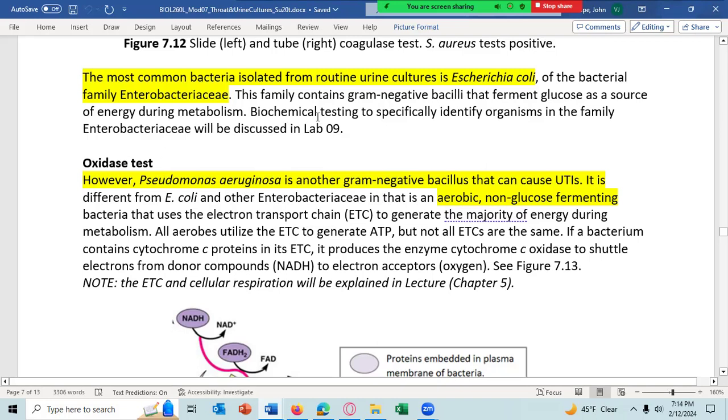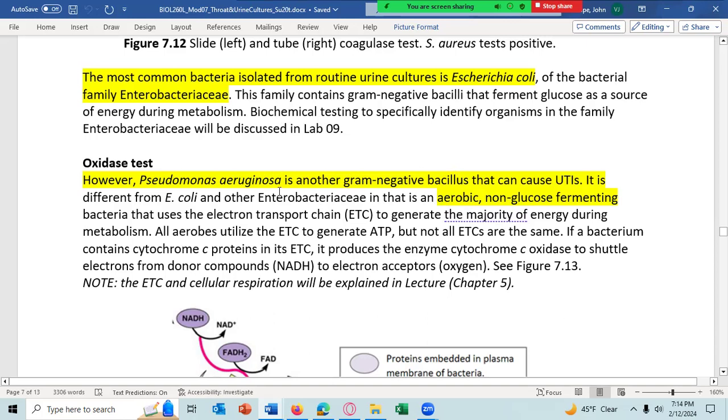They will perform aerobic respiration if oxygen is present, but if oxygen is not present, they perform anaerobic respiration or fermentation. The Pseudomonaceae do not ferment the sugar glucose. The Enterobacteriaceae do ferment the sugar glucose.